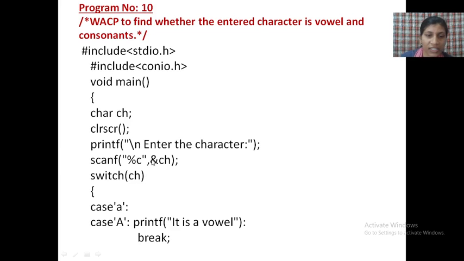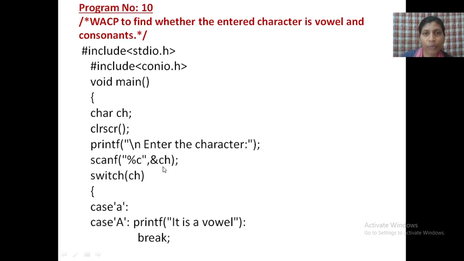%c, ampersand ch: whatever character you have entered on the keyboard is saved in a particular location. At processing time, the ampersand fetches the address of that character, so write the ampersand.